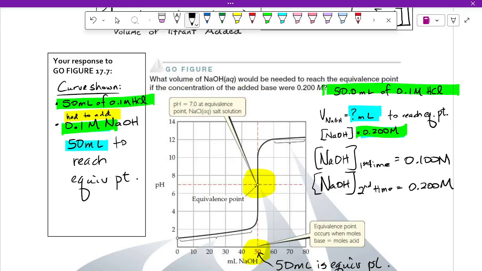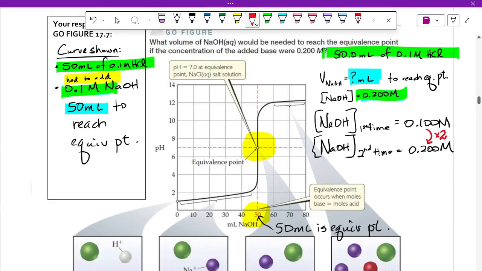The concentration of NaOH has doubled. Yes? Okay, excellent. What will happen to the volume needed to neutralize all of the HCl if we have doubled the concentration?